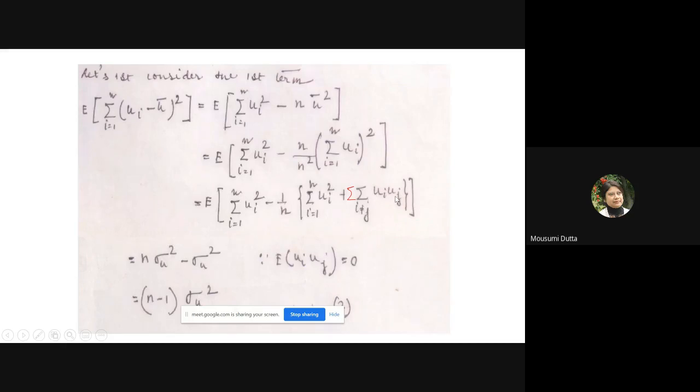Expectation of ui uj is equal to 0. So minus 1 by n double summation expectation of ui uj is nothing but equal to 0. So finally, expectation of summation ui minus u bar whole square reduces to n minus 1 sigma u square. We are calling this equation number 2.